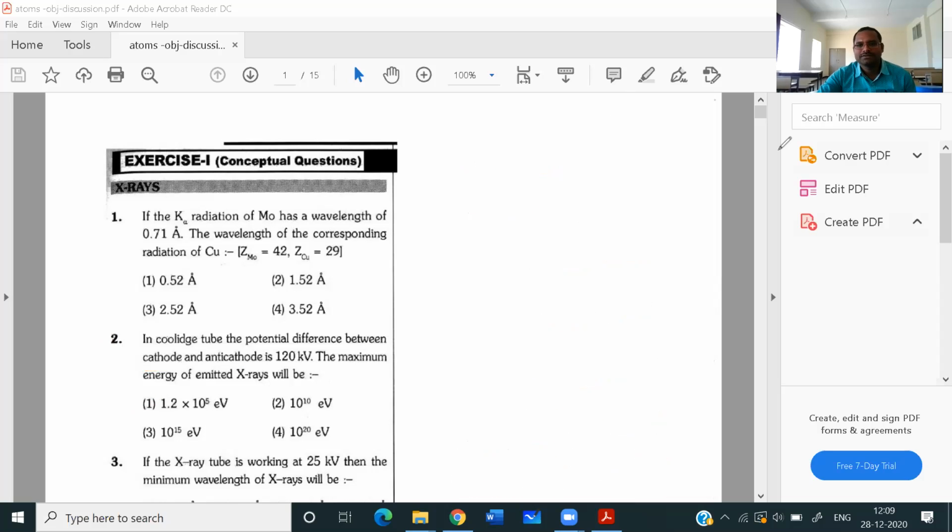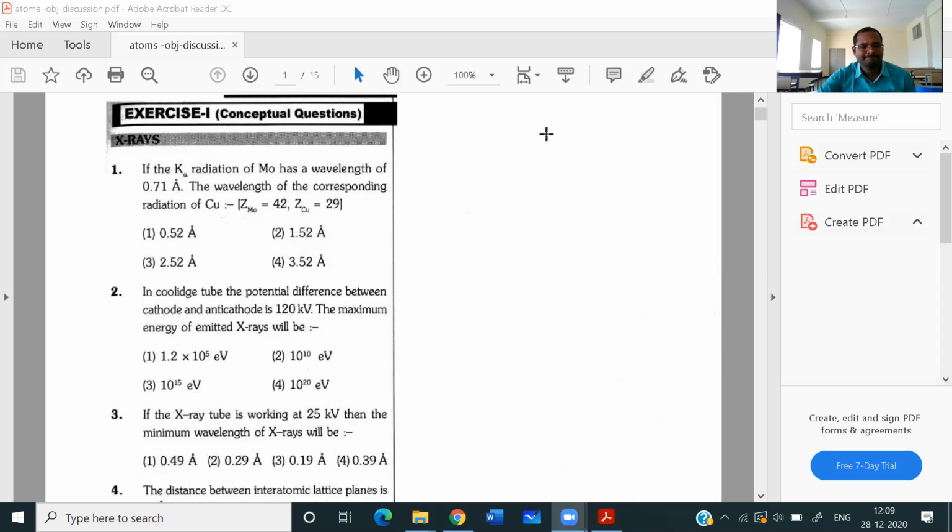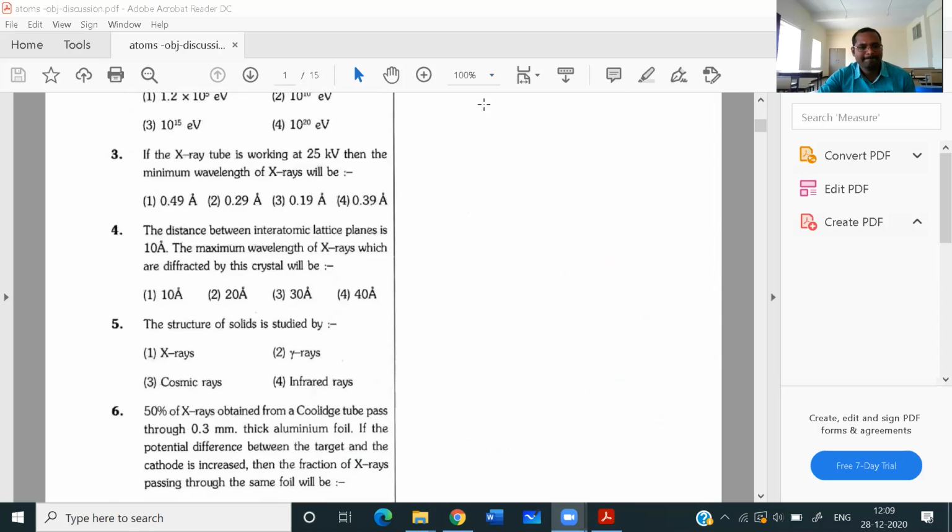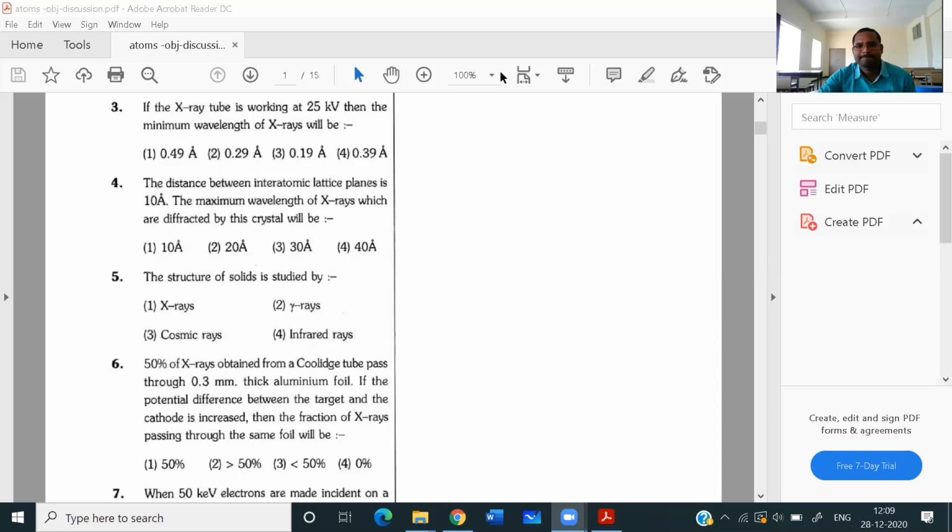Next, question number 3. If an X-ray tube is working at 25 kilovolts, then what will be the minimum wavelength of X-rays?